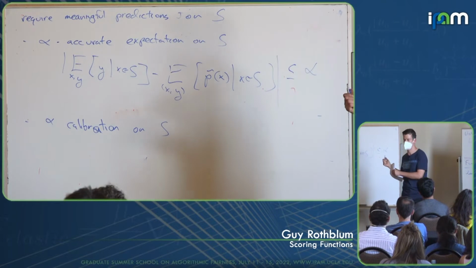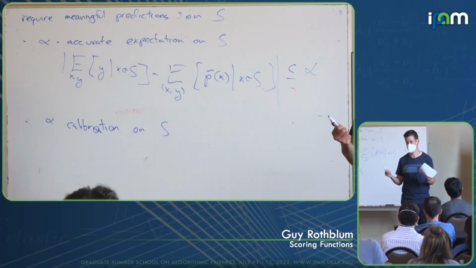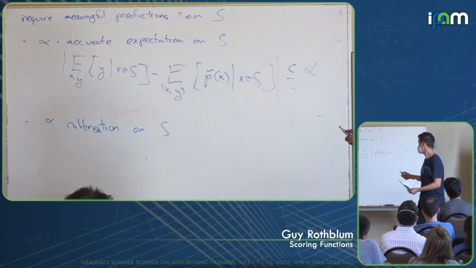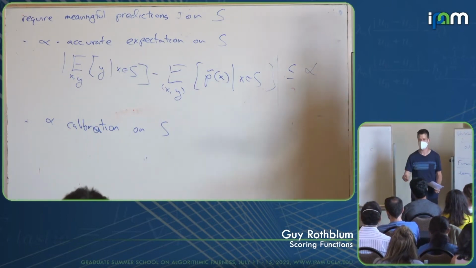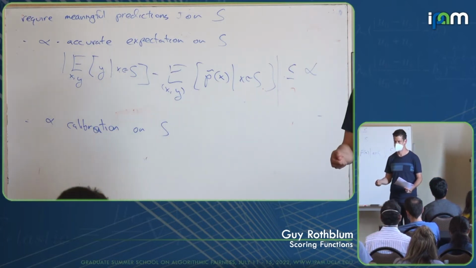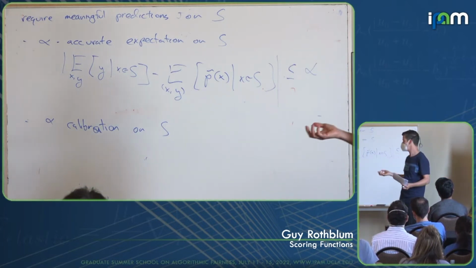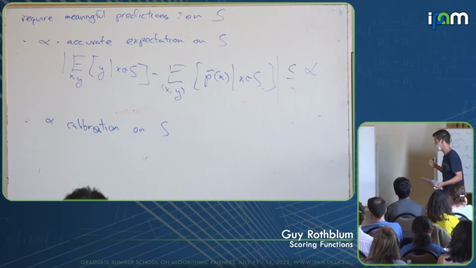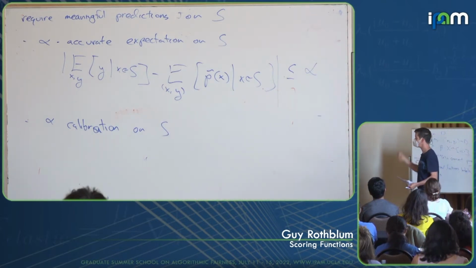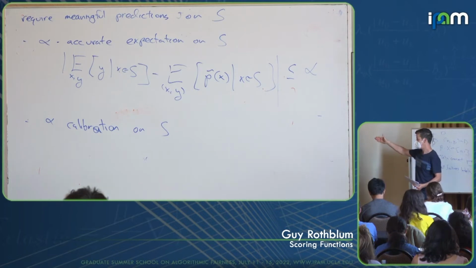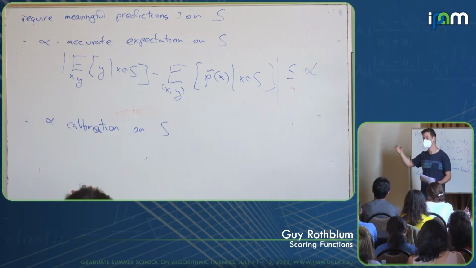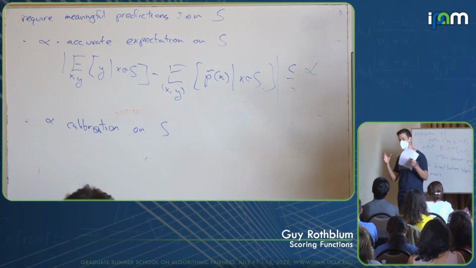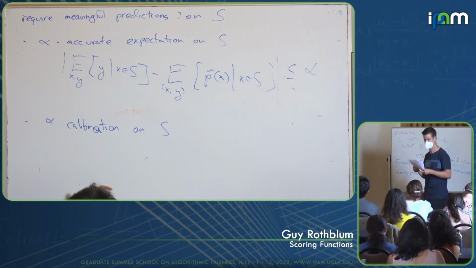Maybe I don't just care about S, there are many protected groups that I care about, and for all of them I want alpha accurate expectations, not just for every protected group, but for the qualified loan applicants within each protected group. And I don't know exactly who they are, so I'm going to look at a very rich collection of intersecting sets and simultaneously guarantee accurate expectations for all of them, or calibration for all of them, or some other accuracy or fairness requirement for all of them. And that's the multi-group or multi-X framework that I want to talk about in today's lecture.